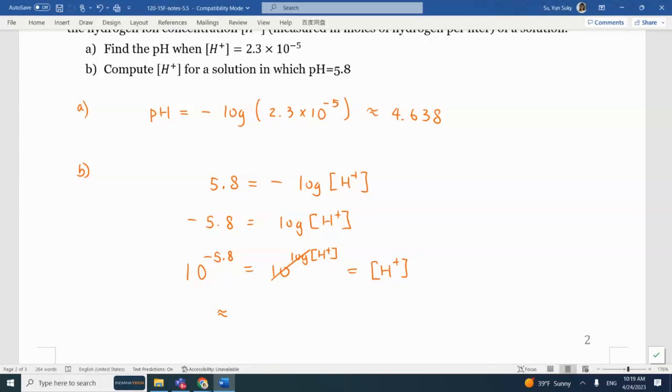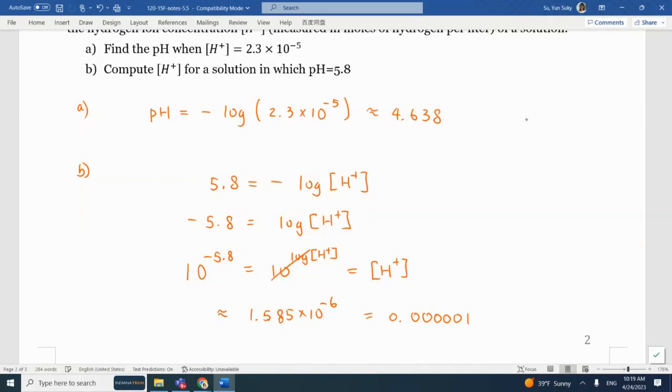Okay, so what do you get? Point 1, 2, 3, 4, 5, 6. So 1.585 times 10 to the negative 6, right? Yeah, everybody? 1.585 times 10 to the negative 6. Are you okay with scientific notation? You get point, how many zeros?